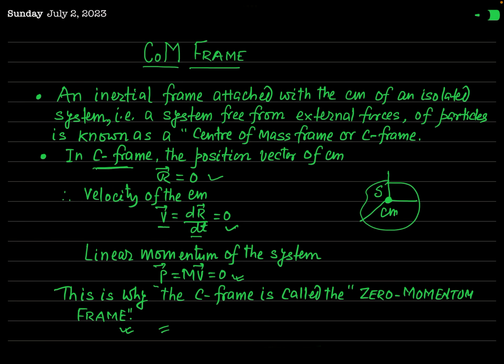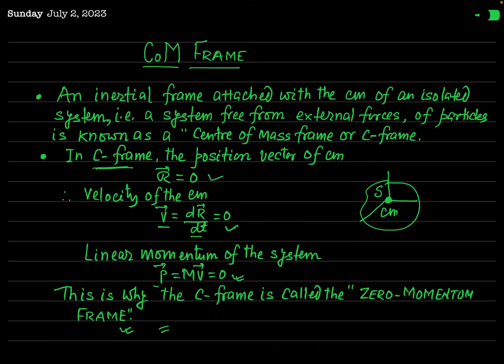Our prime aim is to discuss the collision between two particles, particularly the two-dimensional collision. One-dimensional collision you have learnt in the previous, your lower classes. But here we will see the two-dimensional collision, or collision in a plane between two objects, in the laboratory frame and the center of mass frame.